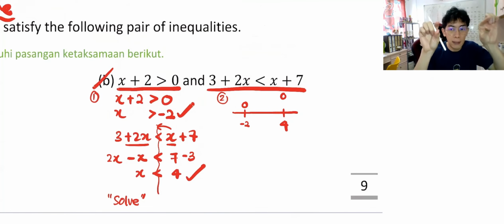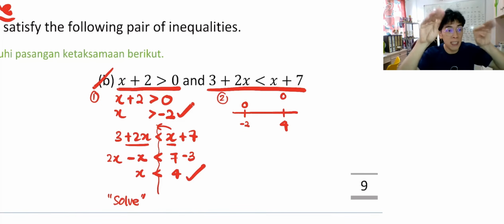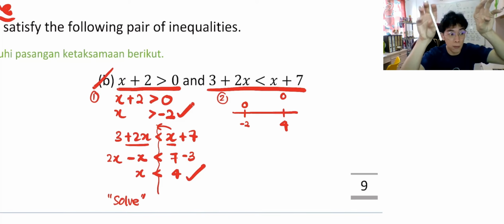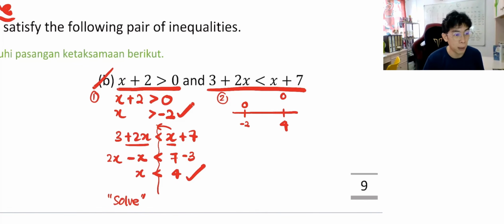You don't put it side by side. Don't put it this way. Some of you will say, teacher, can I put it on the same line? Don't do that. One on top, one on the bottom. If you want to place the -2 one on top, then the 4 you put below, it's fine. Same thing, right?